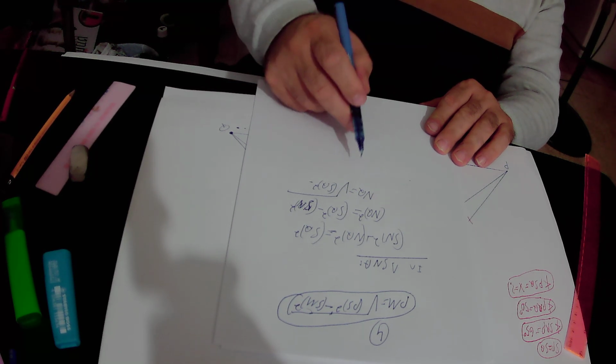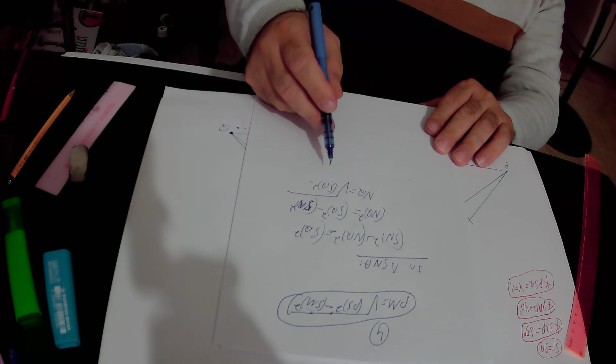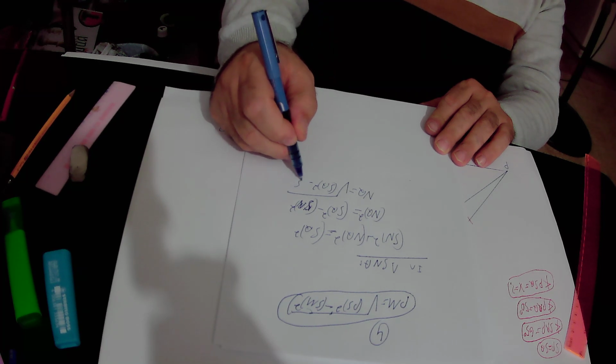So we took a root out of this equality, and we got that NQ equals the root of SQ square minus SN square.